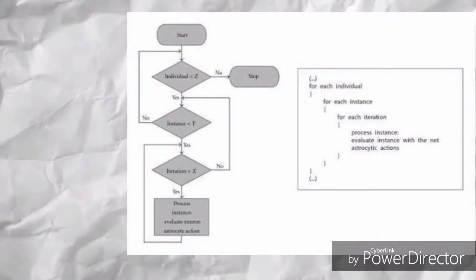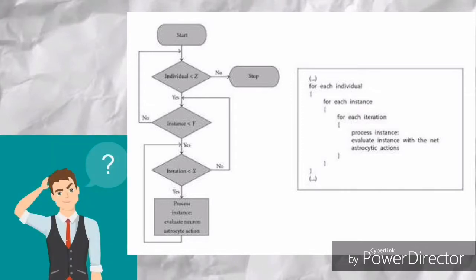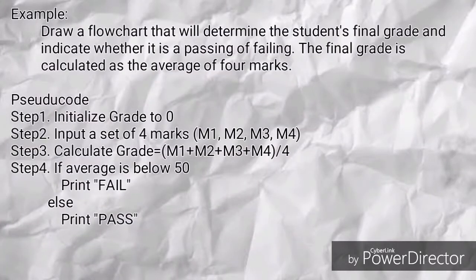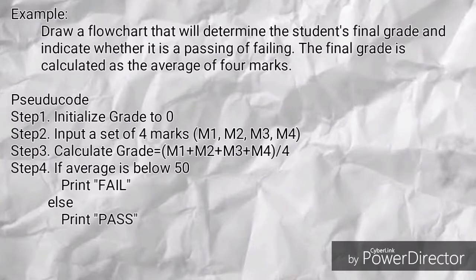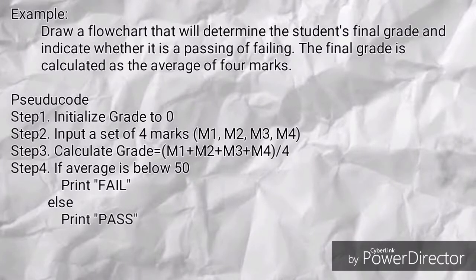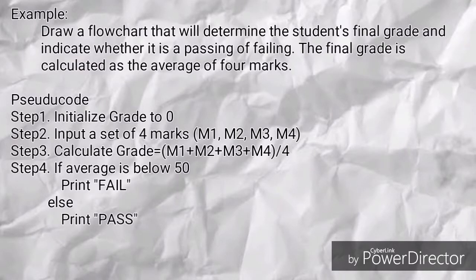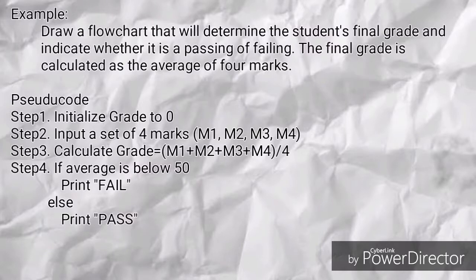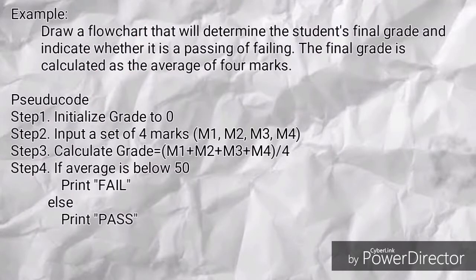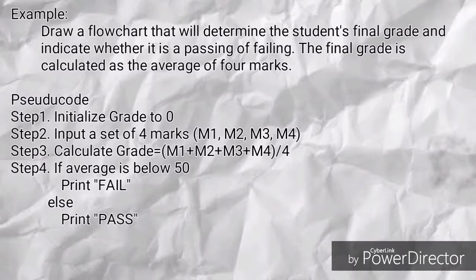And now, I'm gonna show you an example of how to draw a flowchart. This is the example. Draw a flowchart that will determine the student's final grade and indicate whether it is passing or failing. The final grade is calculated as the average of 4 marks. These are the following steps. Step 1.